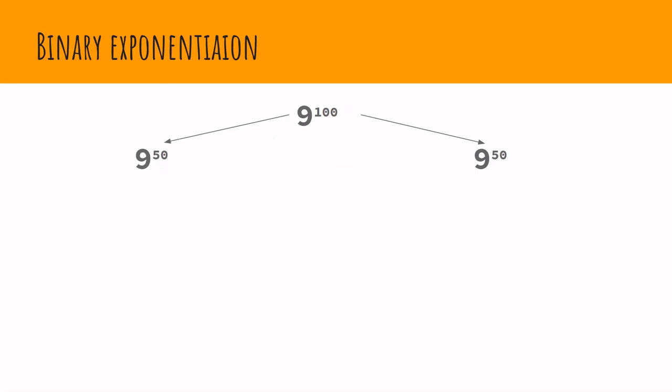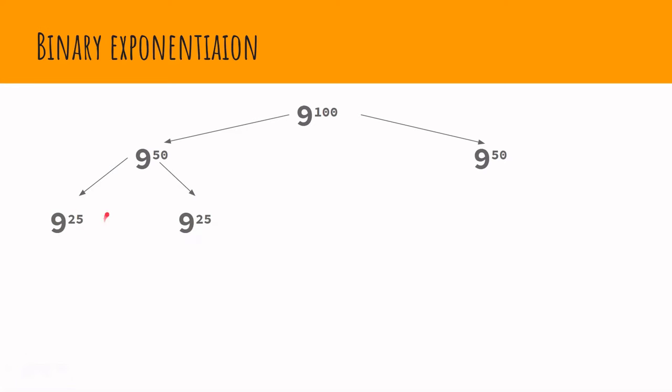Now my question is, can we reduce it even further? Of course. This 9 to the power 50 I have divided into two parts, 9 to the power 25 and 9 to the power 25. If I use the brute force method to calculate 9 to the power 25, then I will require 25 multiplication operations and one operation to multiply it by itself.